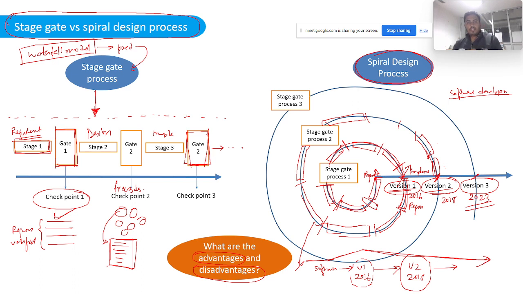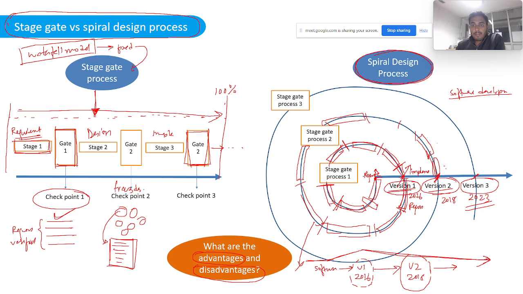Stage gate is more traditional, where you have to meet the requirements within one particular cycle of product development. If you want to develop a product in such a way that it has to reach 100% efficiency in the first run, then you choose something like a stage gate process.